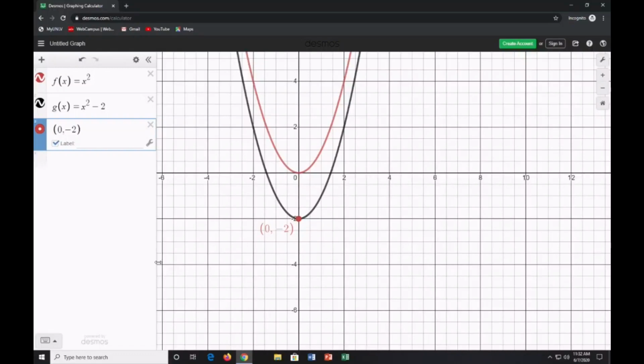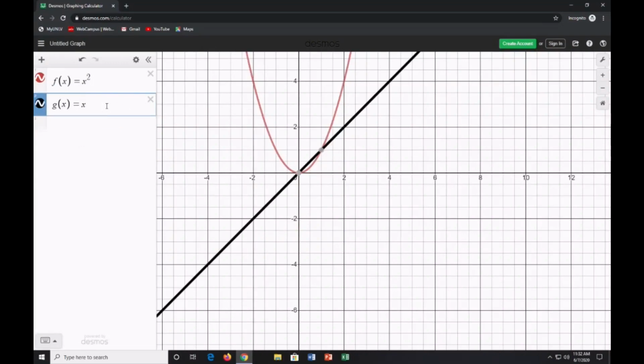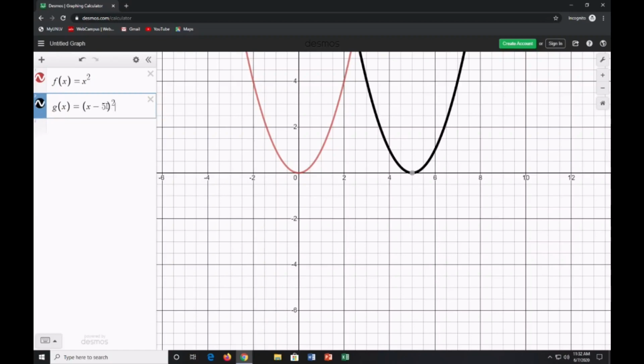For number 10, we had the original quadratic function shifted according to this new function: x minus 5 squared plus 3.